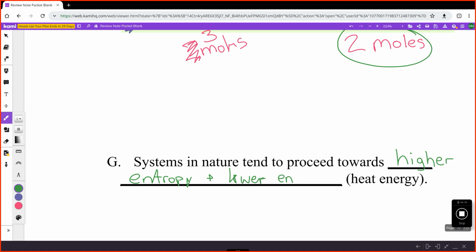That's not a word we use much as far as actual definition is concerned. This is another way of saying heat energy. So systems in nature are always trying to proceed towards higher amounts of entropy and lower amounts of energy. The universe is random, and it uses the least amount of energy that it can to achieve random configurations. Okay, higher entropy and lower energy.